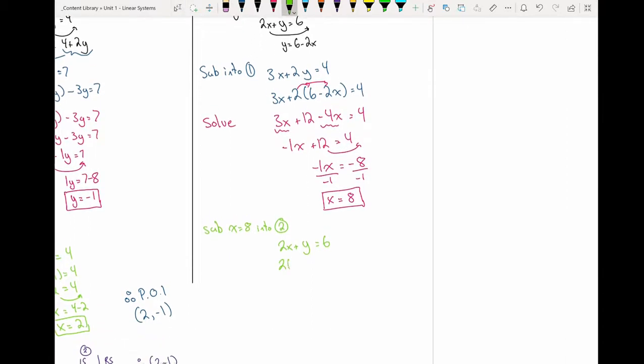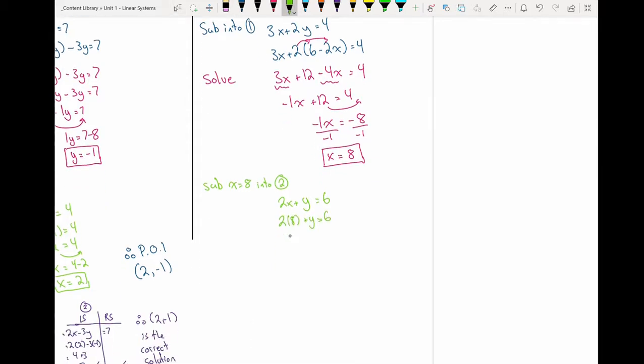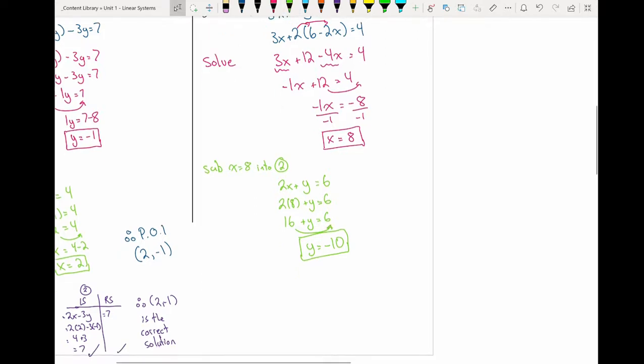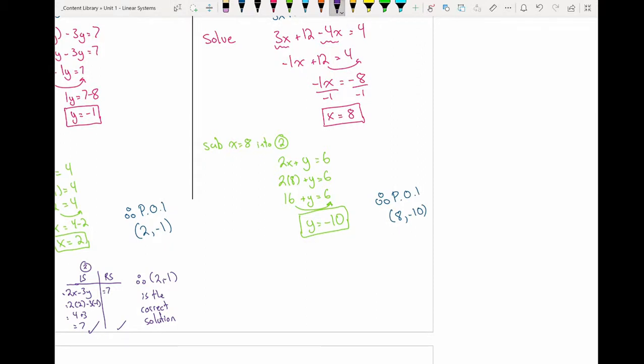So 2 times 8 plus y equals 6. And then we have 16 plus y equals 6. Move the 16 over and we get y equals negative 10. So that means then, based on what I've done so far by substitution, therefore the POI, or the solution, is 8, negative 10.